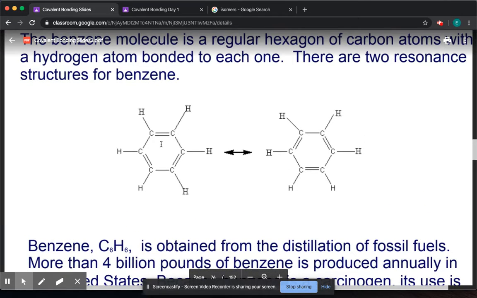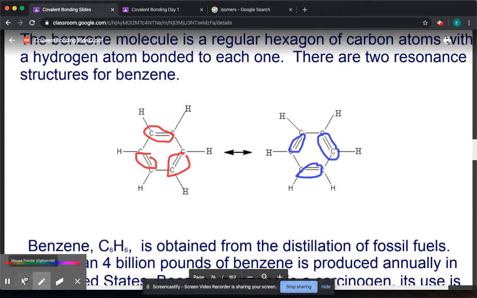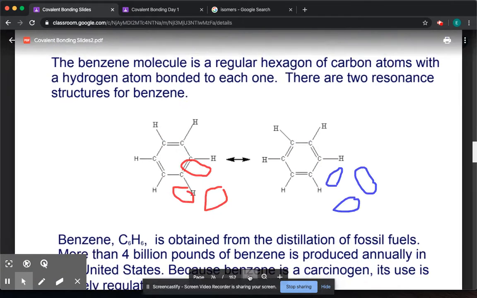On the one to the left, you have the double bonds here, here, and here. While on the right, you have the double bonds on the other spots. So you can have them on either or. We call that, again, resonance. Let me zoom out a little bit so we can read the slides.